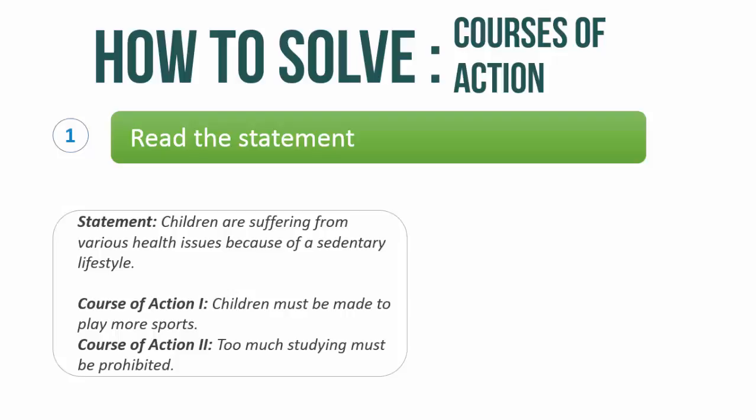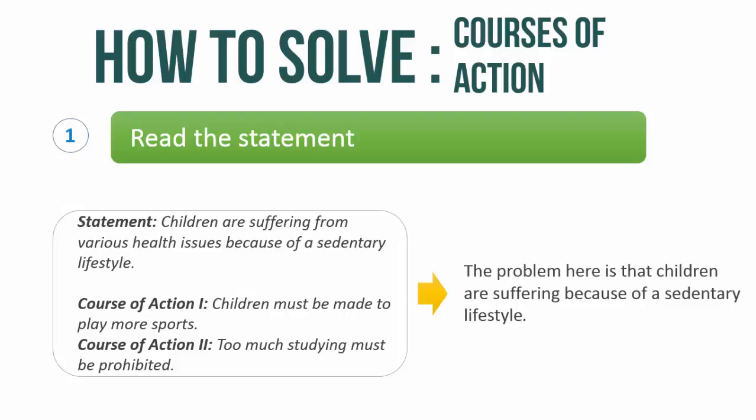So what the statement essentially is saying is that children these days are having a sedentary lifestyle. That is, they're sitting too much, they're sitting in one place too much, they're not moving about. Because of this, they are suffering from various health issues. So what we get from the statement is that the problem here is that children are suffering because of a sedentary lifestyle. So the sedentary lifestyle is a problem because it is causing health issues.